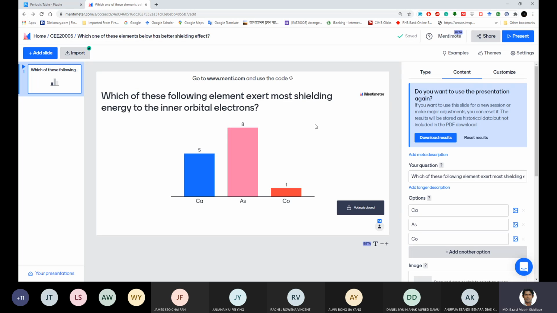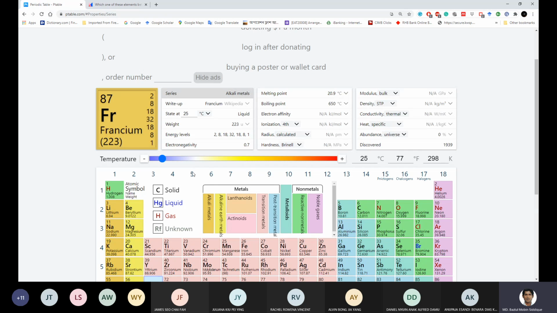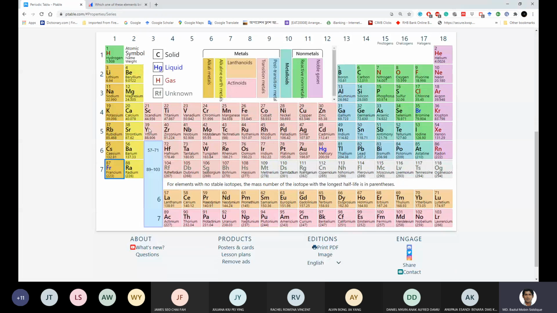All right. So for this case, the question was asking that among all these three, which of the elements would exert more shielding effect. If we go to the periodic table, calcium has atomic number 20, right?